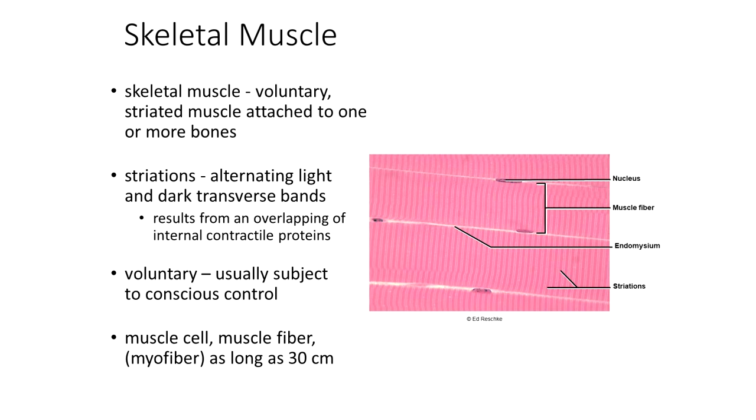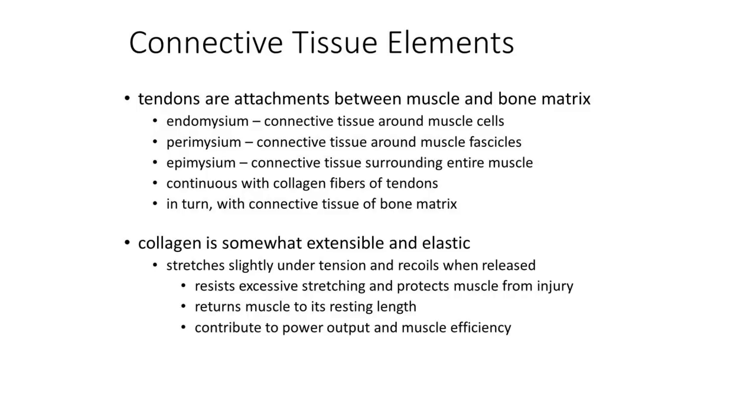And then we have a muscle cell, a muscle fiber, a myofiber, and they are as long as 30 centimeters. So we have tendons that act as attachments between muscle and the bone matrix. We have the endomysium, which is the connective tissue around a muscle cell.